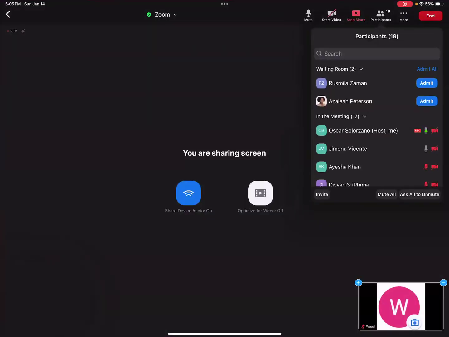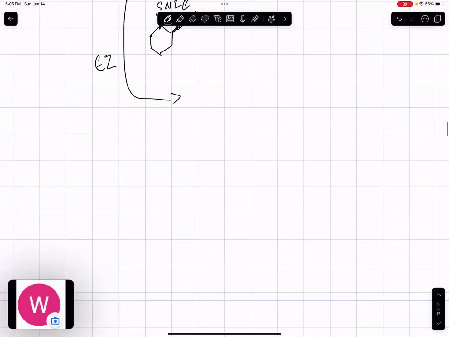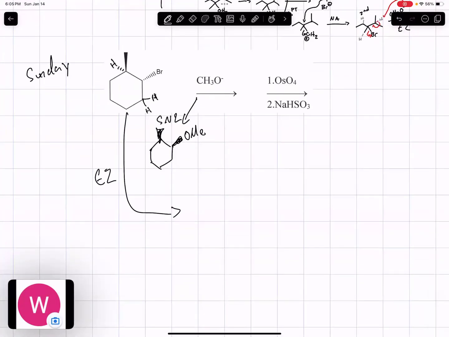So if we're using methoxide to pull this hydrogen off, we're going to form what looks like the Hofmann alkene, but it's the only alkene that's possible besides the SN2 product, okay? And this is the first product, okay?